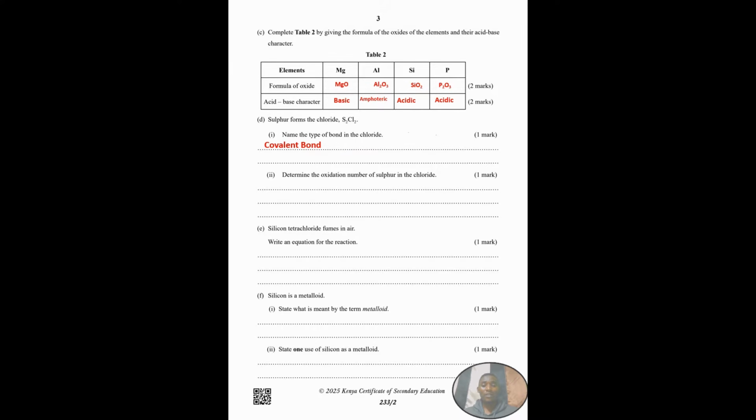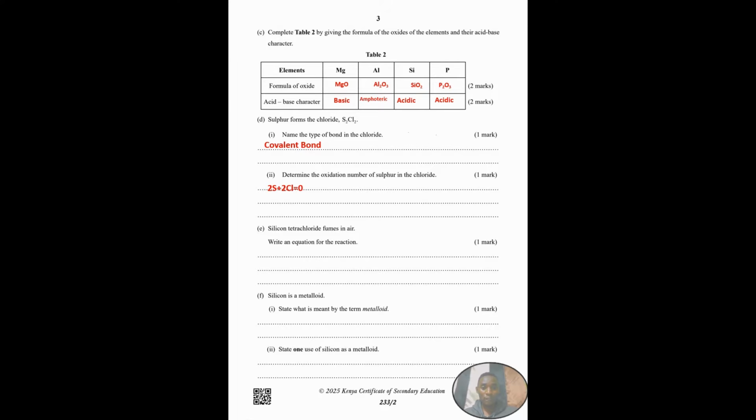And now that we know the oxidation number of chlorine or chloride is -1, we can do the substitution and obtain the oxidation number of sulfur in the chloride. So we have 2S plus 2Cl, using our formula.